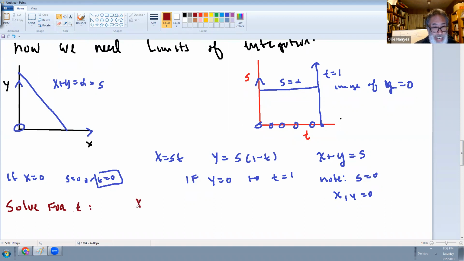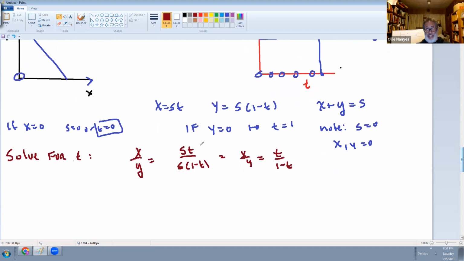So if you take x over y, which is st over s times 1 minus t, we get x over y is going to be t over 1 minus t. Now you can solve for t very easily.